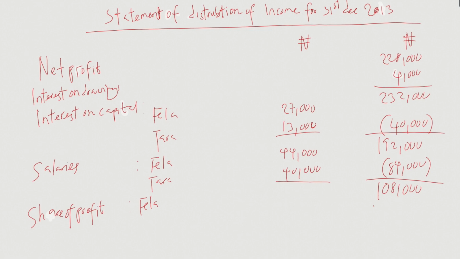So for share of profits, the share of profits for Fela is going to be 1/2 times 108,000. I think that should give us 54,000, right? Yeah, it gives us 54,000.